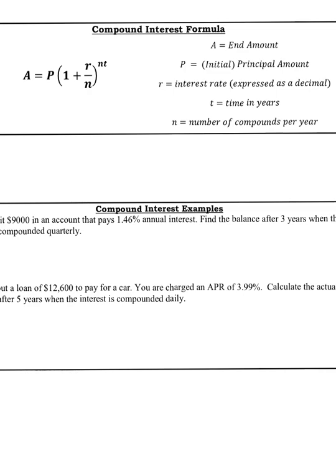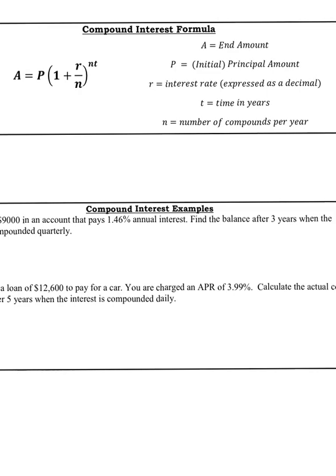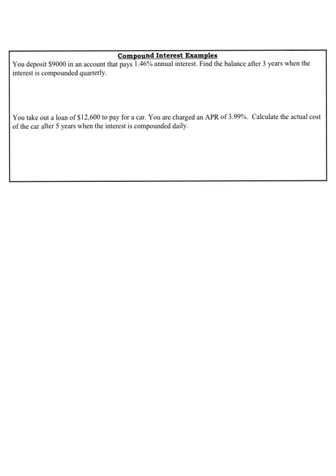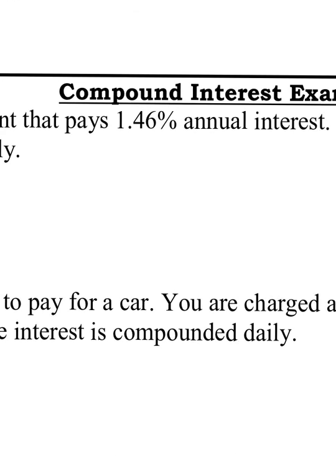So that being said, let's just do these 2 examples here. You deposit $9,000 in an account that pays 1.46% annual interest. Find the balance after 3 years when the interest is compounded quarterly. All right, so P is going to be your initial amount, so that's $9,000.